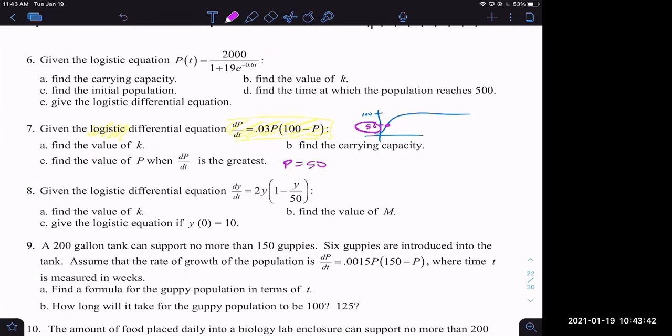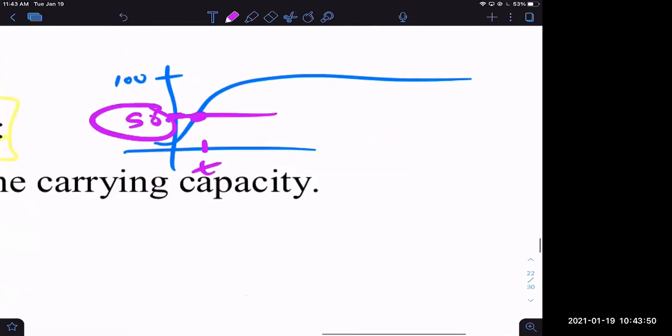They didn't even ask us to find the time. Time is harder. You have to find the intersection to find the time, but they just want P. If I wanted to talk about the top half or the bottom half, I could ask where the population is increasing at an increasing rate or at a decreasing rate. For what population is the population increasing at an increasing rate?